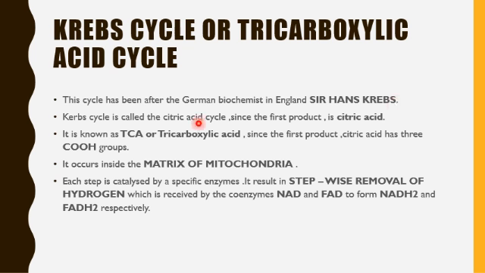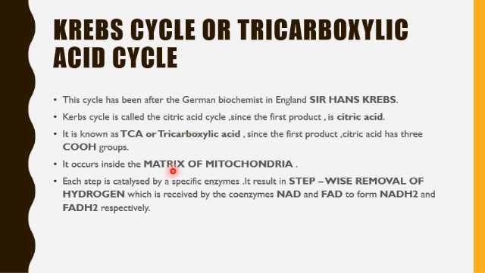Krebs cycle is called the citric acid cycle because the first stable product of this cycle is citric acid. It is known as TCA or tricarboxylic acid cycle since the first product, citric acid, has 3 carboxylic groups.